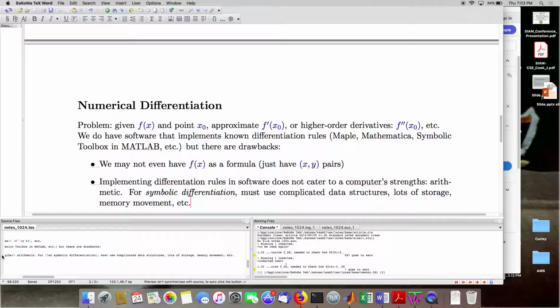And when you take derivatives, for instance, using product rule, quotient rule, those structures get even more complicated. So differentiation rules is a nice way for us to take derivatives, but not for a computer.